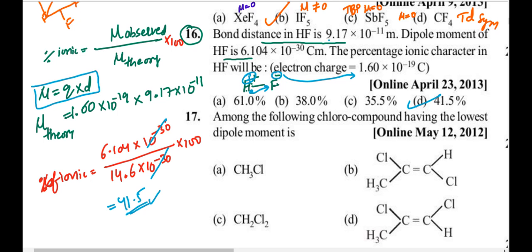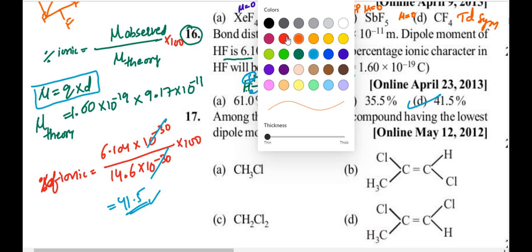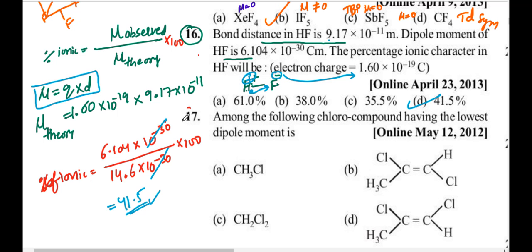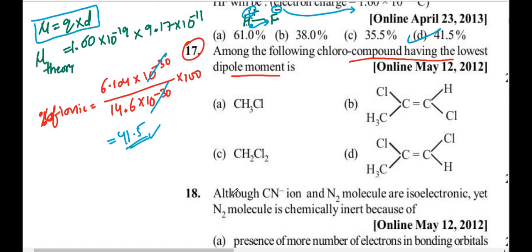Next, question number 17. Among the following chloro compounds, which has the lowest dipole moment? See here, CH3Cl, mu is not equal to 0. Chlorine and chlorine opposite is there, so they get cancelled.